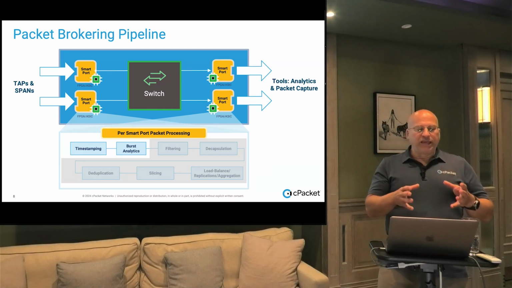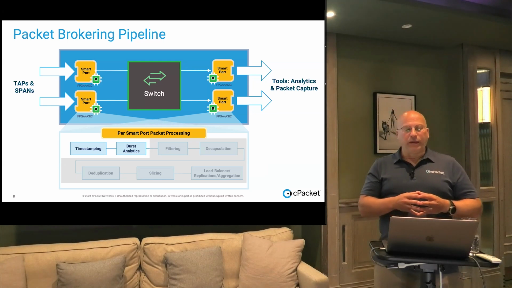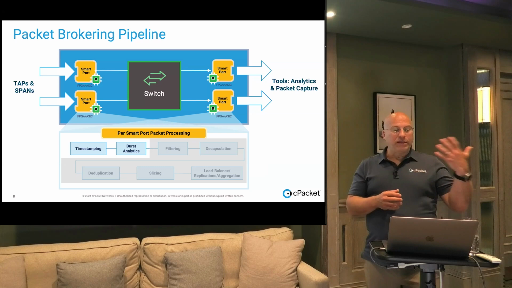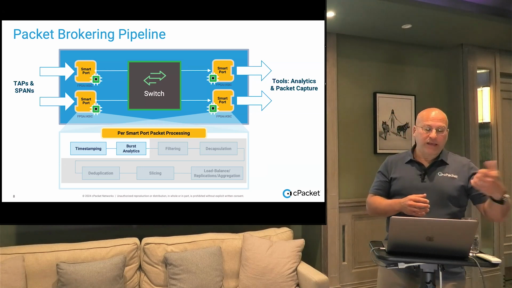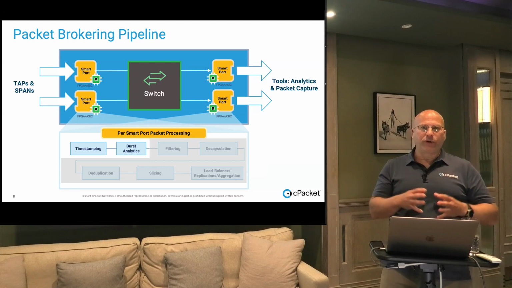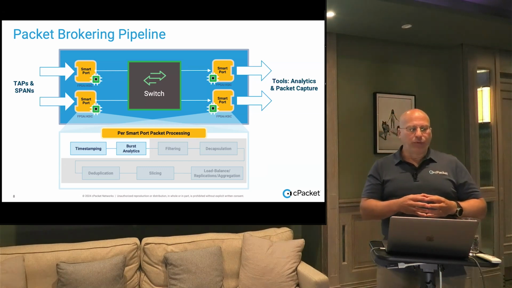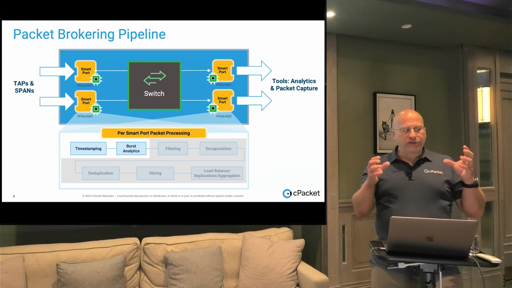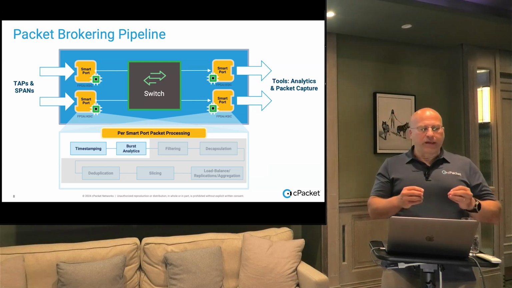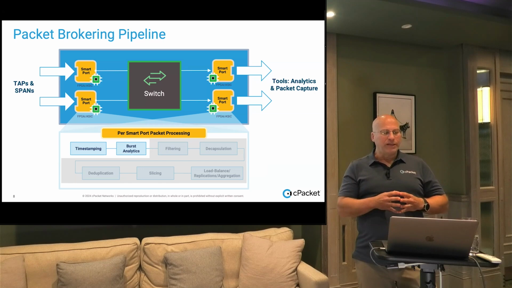So what you're seeing here is a general architecture of the packet broker. You can see the smart ports on the ingress side. You can see smart ports on the egress side. In between, we're using a switch such that you can deliver packets from any port to any port. But once we double-click and look at one of these ports, they perform quite a lot of functionality.